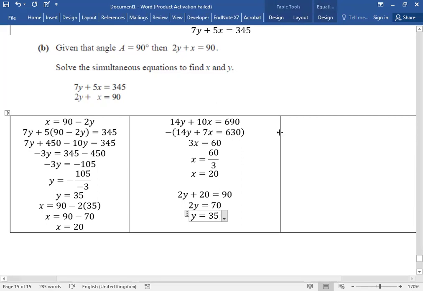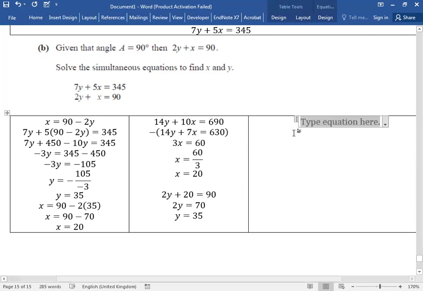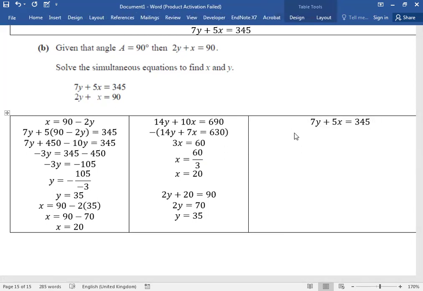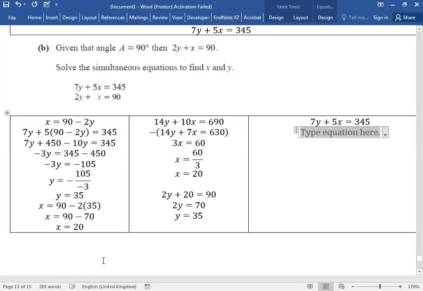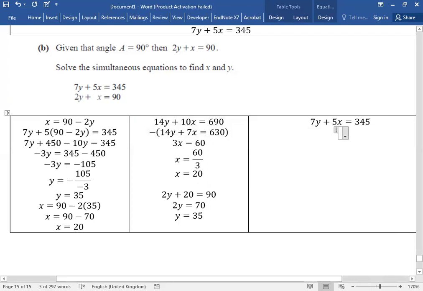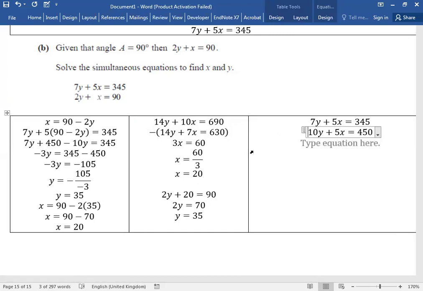दूसरा तीसरा मेथड भी देखो. If I wanted to eliminate x, क्या करना चाहिए था मुझे? Yes class, if I wanted to eliminate x, what did I have to do? पहले वाले में तो 5 है. What should I do with the second one? बना सकते हैं वो भी, बता देता हूँ, डोंट वरी. बट x एलिमिनेट कैसे होगा पहले बताओ मुझे. सेकंड वाले का मल्टीप्लाई बाय 5, 10y plus 5x is equal to 450. And then you subtract both the equations. पहले वाले में से दूसरी वाली माइनस करो.